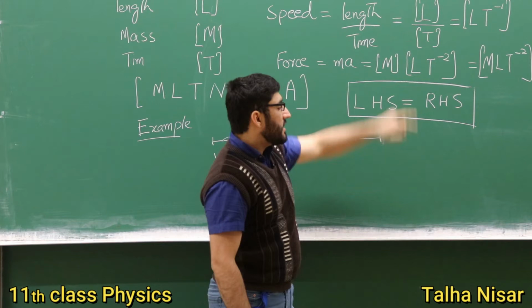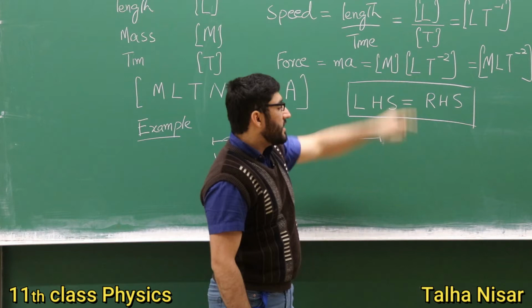On the left side of this equation, which is the velocity of the wave that's traveling in a string, must be equal to the right side of this equation. So on the left side we have the equation for the dimensions of the velocity. Now we will see if the right side is equal to the left side.